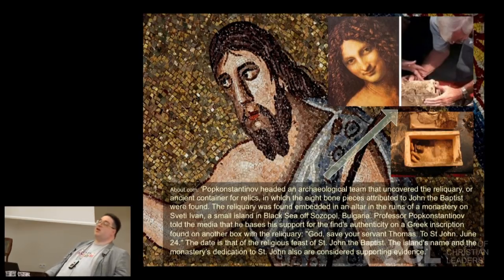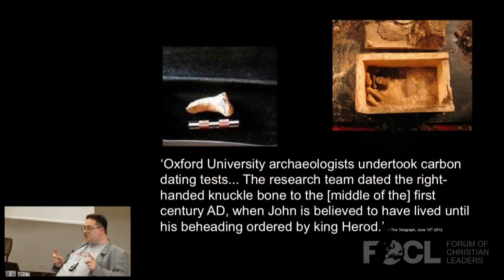Now, some of the bones, when scientists looked at the bones, were discovered to be from a horse, I think. Someone had at some stage bulked up the collection at the very least. However, some of the bones were human bones, and Oxford University undertook some carbon dating tests to work out the dating of these bones.